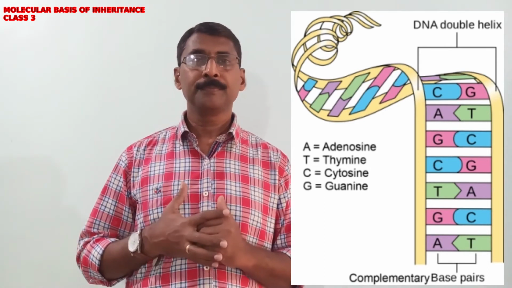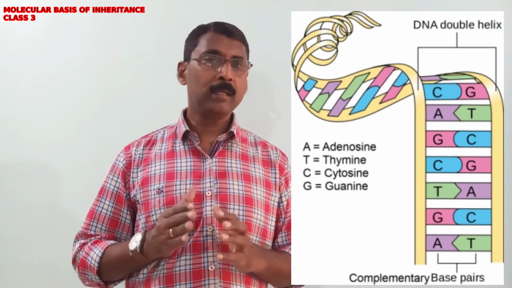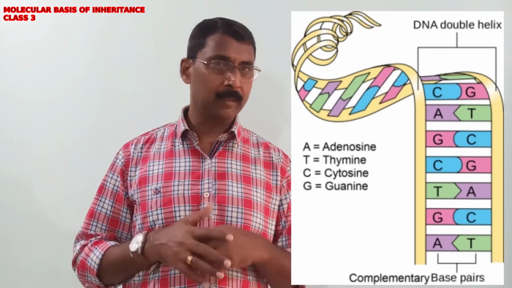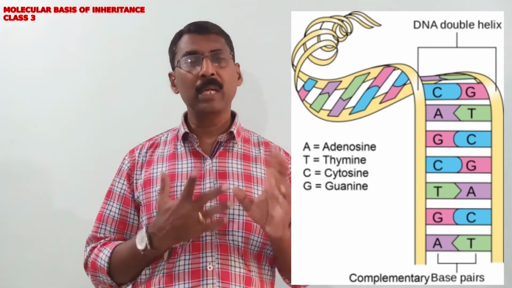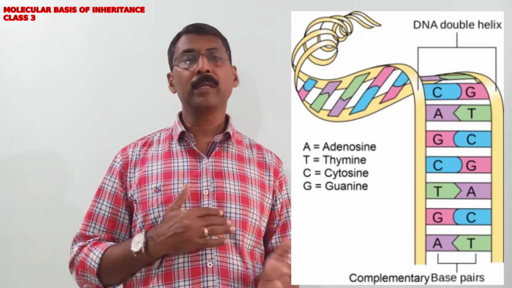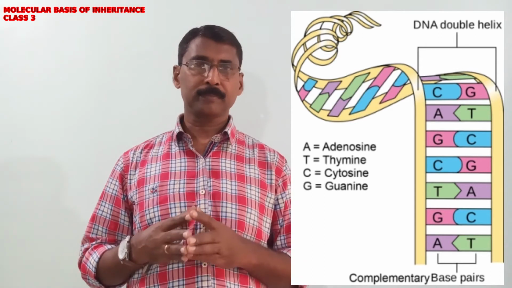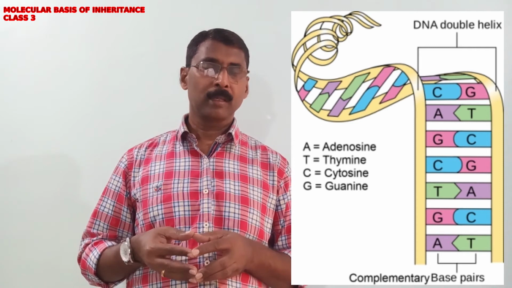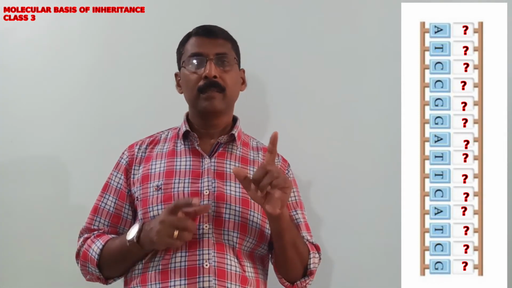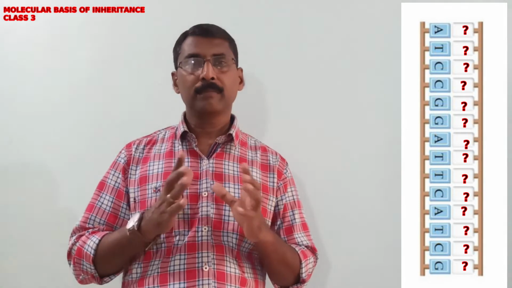Why is it so? Because adenine always pairs with thymine, or thymine always pairs with adenine. The base pairing is between only adenine and thymine. The same way, base pairing is only between guanine and cytosine. If thymine is the nitrogen base in one strand, the opposite strand would have adenine as a nitrogen base. That is for sure.